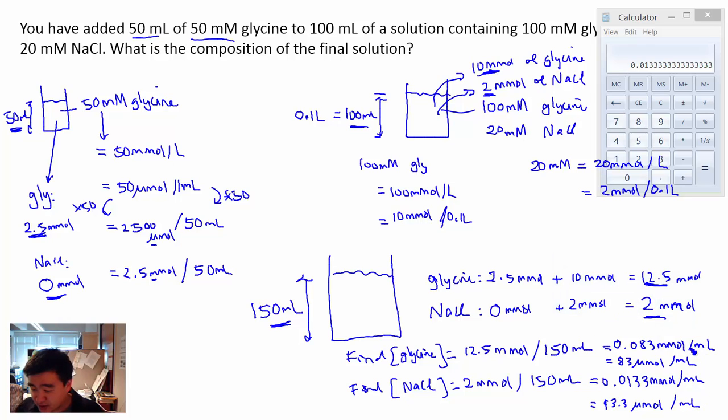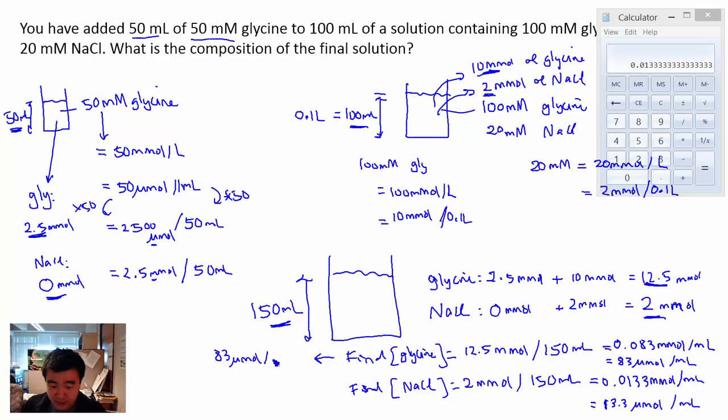We haven't converted the mils at all. We've just expressed 0.083 mmol as 83 umol, and we've expressed this side as micro as well. So the final concentration of glycine is 83 micromoles per milliliter.